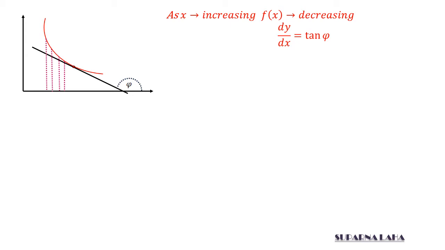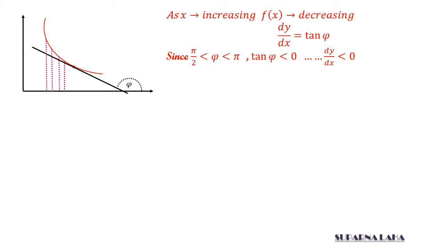That means it is greater than pi by 2, so phi is in the second quadrant, and in the second quadrant tan phi is less than 0. So dy/dx is also less than 0.